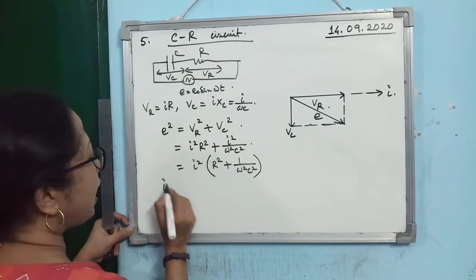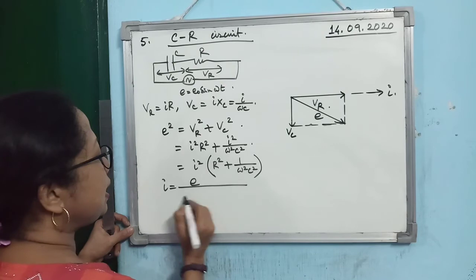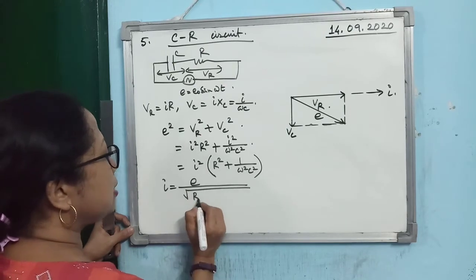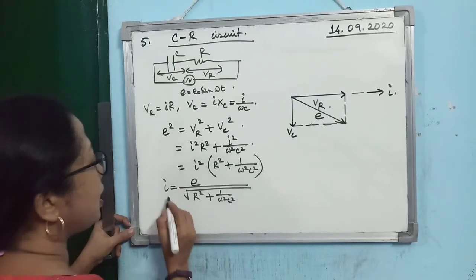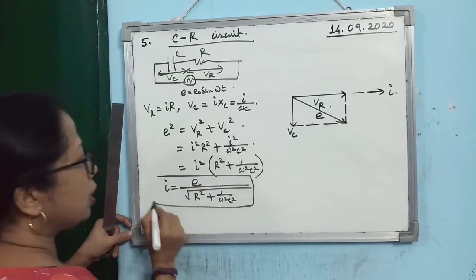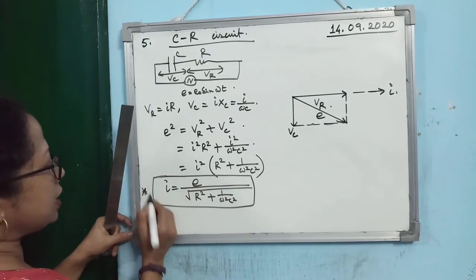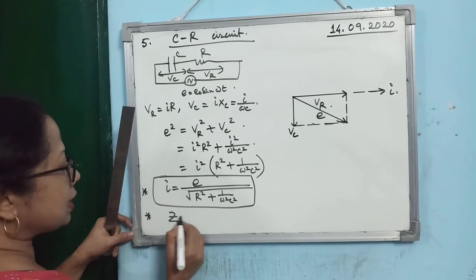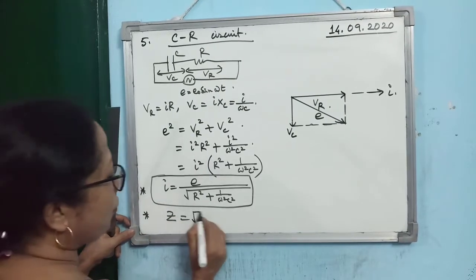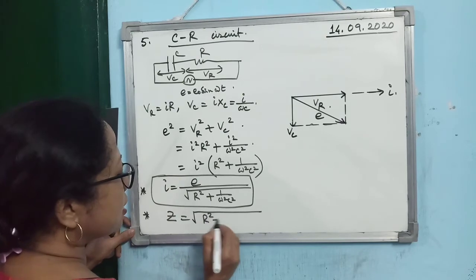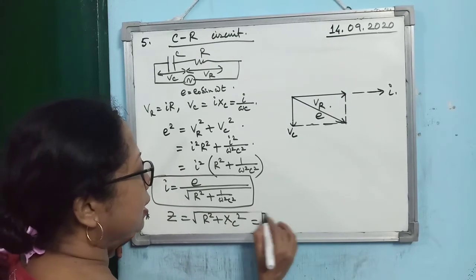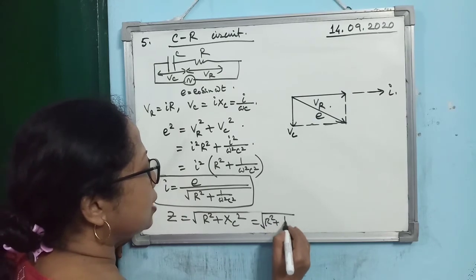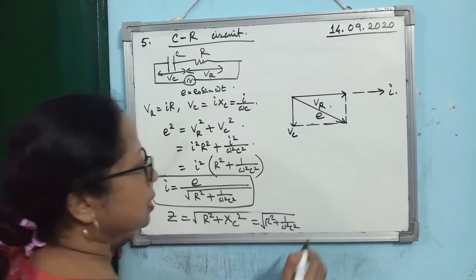So you see I, you can write it as E divided by under root R square plus 1 upon omega square C square. Alright. So you see how much is the impedance in this case. Impedance is given by under root R square plus XC square, or you can write it as R square plus 1 upon omega square C square.